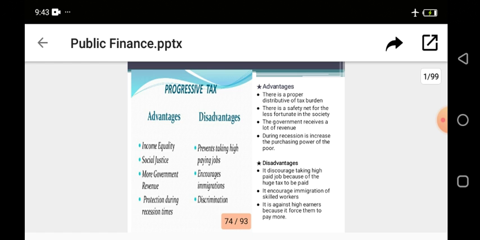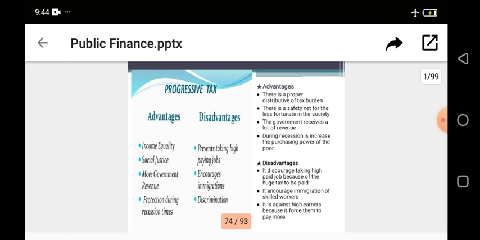As we all know, in developing nations of the world, the gap between the rich and the poor is very wide. So the function of this tax is to make sure that the gap between the rich and the poor is reduced by collecting less tax from the poor and more tax from the rich. That will go a long way in redistributing income or causing income equality.